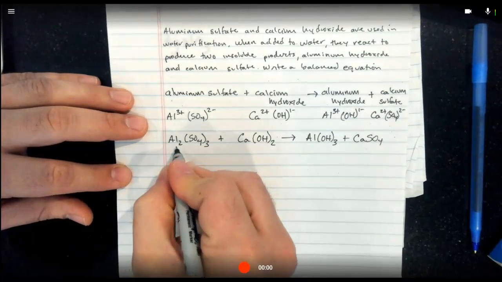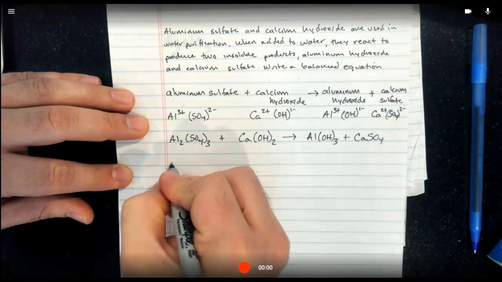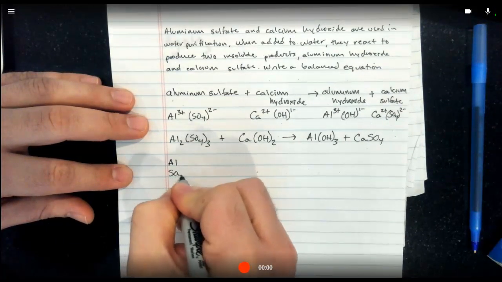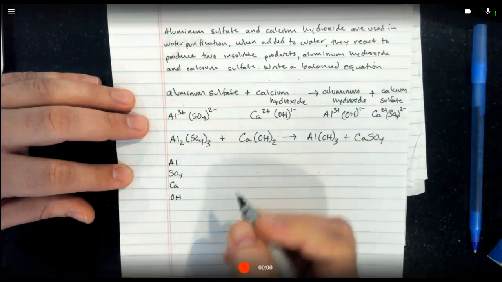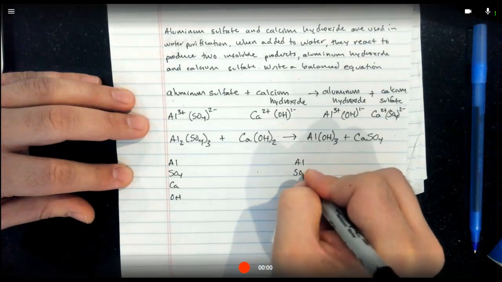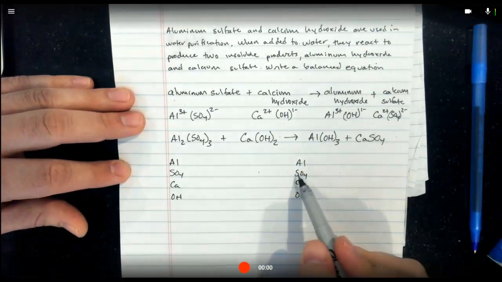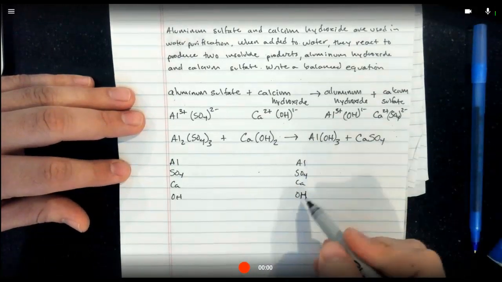So now that we have our chemical formula equation, let's go ahead and balance this equation. We have aluminum, we have sulfate, we have calcium, and we have hydroxide. Now you might notice I kept the polyatomic sulfate and hydroxide together in this case.